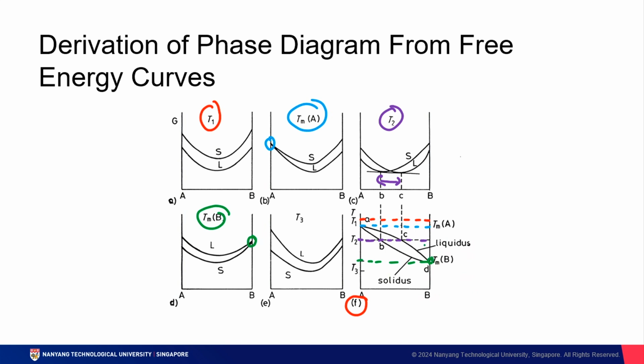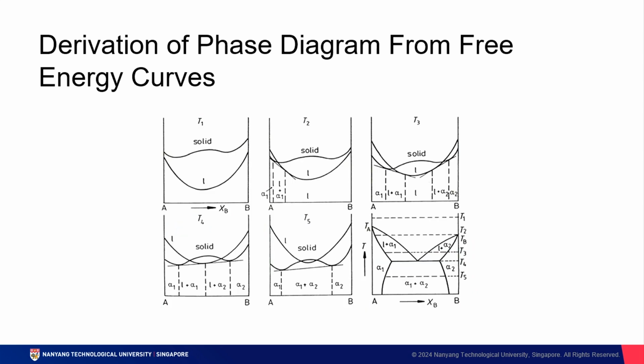And finally, at T3, the Gibbs free energy for the solid phase is lower than the liquid phase throughout the entire range, and hence it will exist in a solid phase.